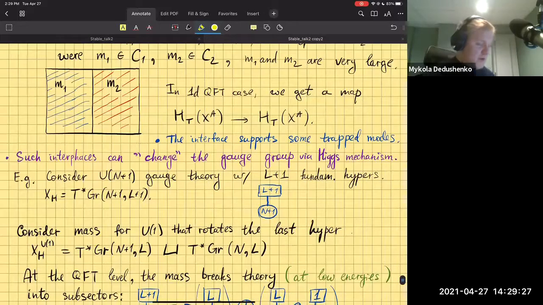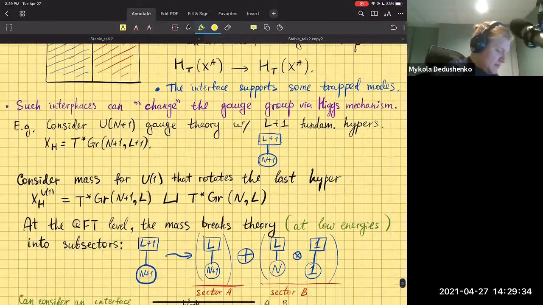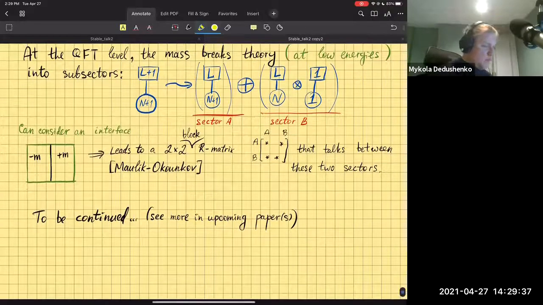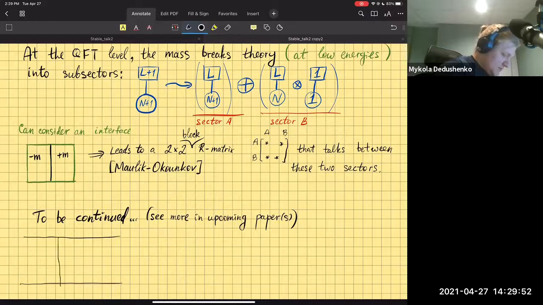So the hope is that one can actually just explicitly identify these degrees of freedom, write a Lagrangian for them, and couple them to the bulk. One way to understand this would be to split these regions, because we know that there's mass m1 here, m2 here, and the mass is 0 here.